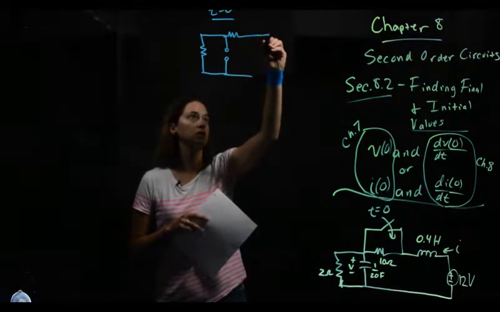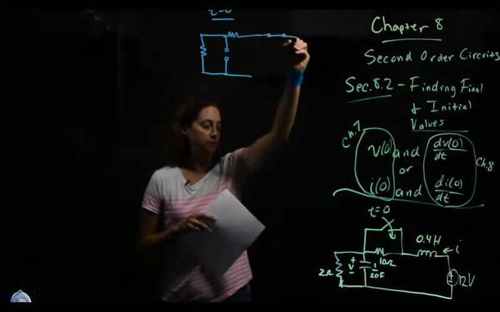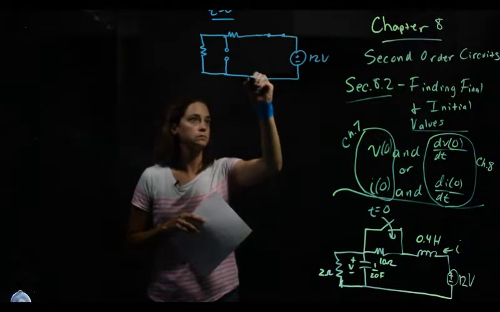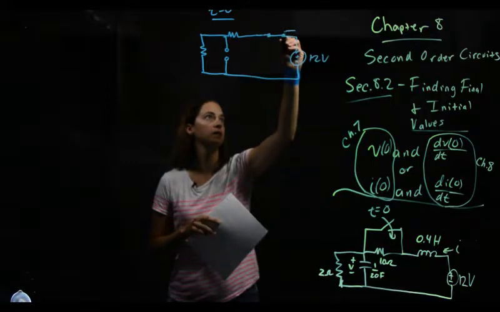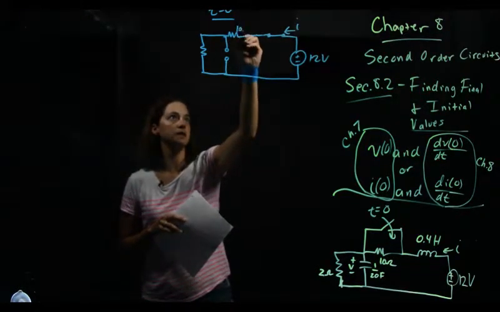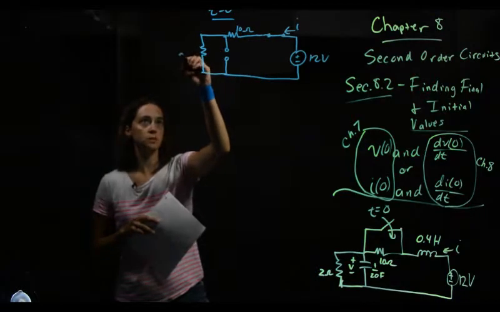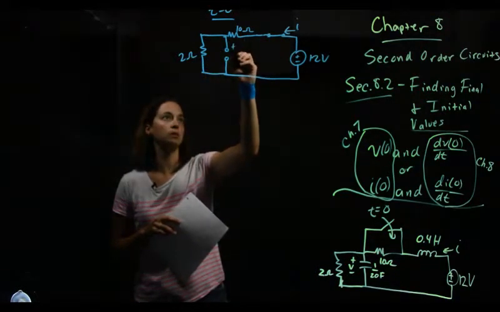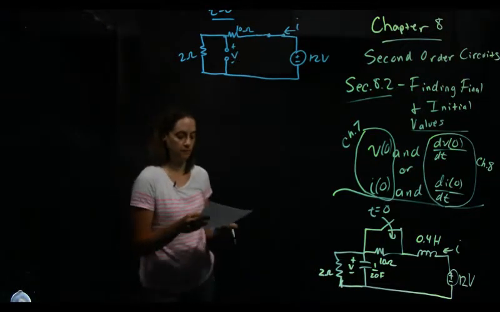My inductor will look like a short, and then I have my source. Current I is still located there. This is my 10 ohms. We did not draw the switch because it's open. And we're looking for V across here.